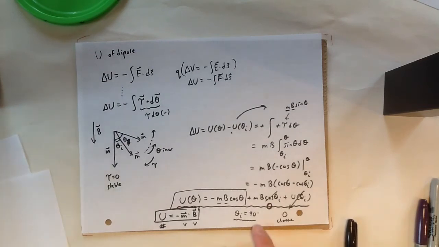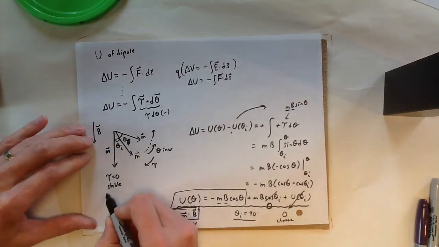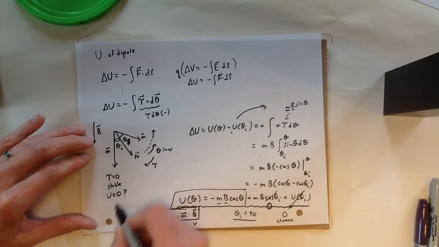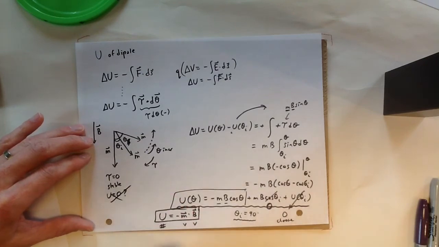However, it definitely is worth doubling back and saying, wait, what? We chose the potential energy to be 0 at 90 degrees? That's a really weird angle. You would think that you would choose the potential energy to be 0 down here, but we haven't, okay?